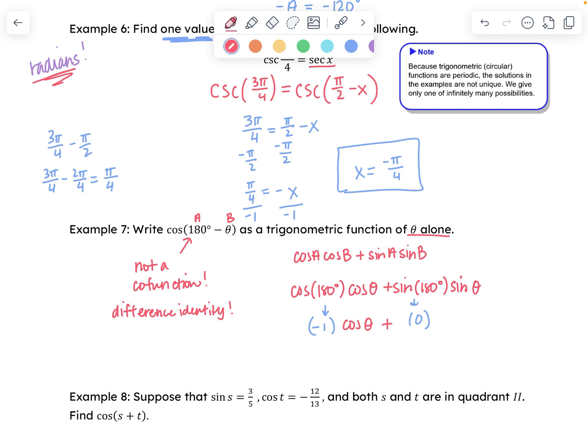And then we still have our sine of theta. Now, if I have 0 times anything, that's just going to be 0. So that entire second part, the plus 0 times sine theta, is just going to go away. So I'm going to have negative cosine theta, and that's my answer. That's all I'm left with.